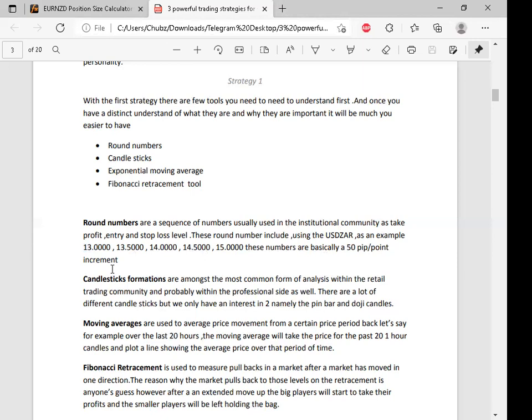It attracts a lot of trading, especially at the institutional level, because let's say a market is trading at 13 rand, we'll feel at a psychological level that the US dollar versus the ZAR is very cheap.